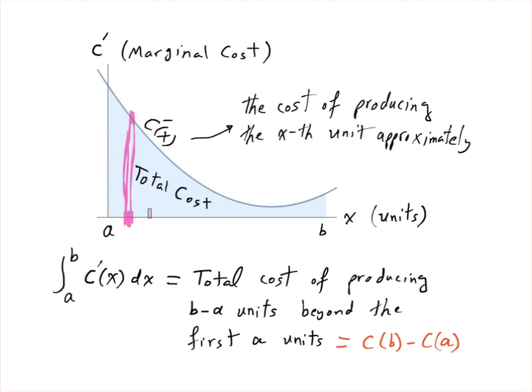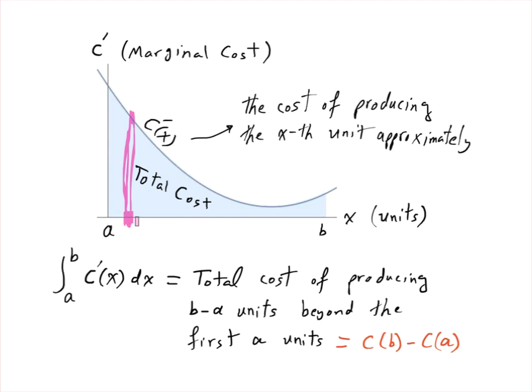If you add that cost to another unit cost, all the way from A to B, then you get that area between the graph and the x-axis, which we represent by the integral from A to B of C prime of x dx. And this gives us the total cost of producing B minus A units beyond the first A units.